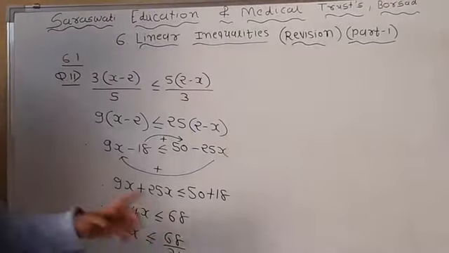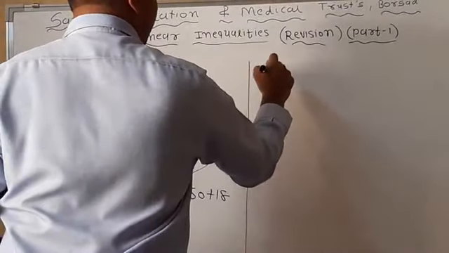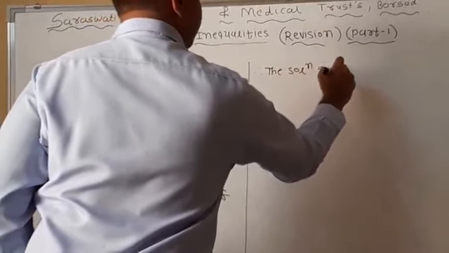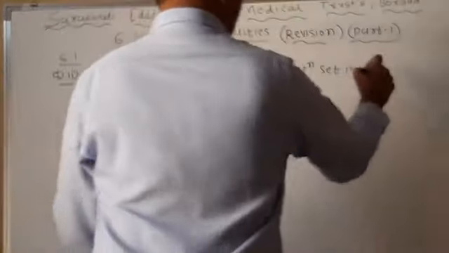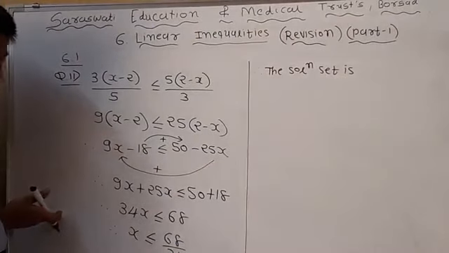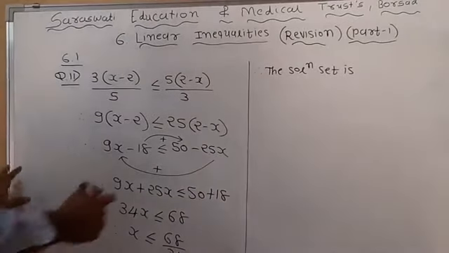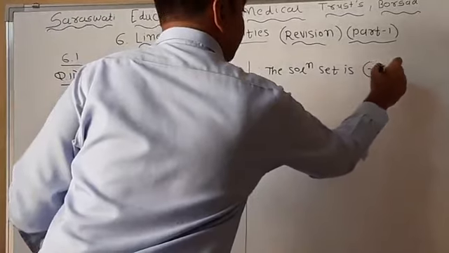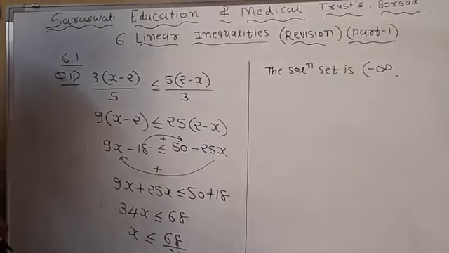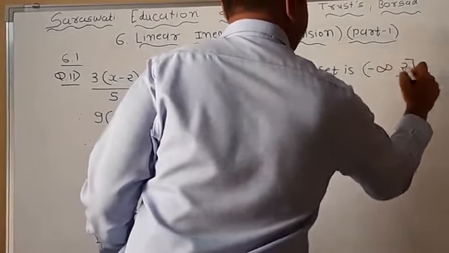But how can it be represented as a solution set? So here we write the solution set is, okay. Now the arrow is going from this side, x less than or equal to 2 means the arrow is going toward the left side. So we write minus infinity, and a less than or equal to form is present, so we write closed interval at 2.